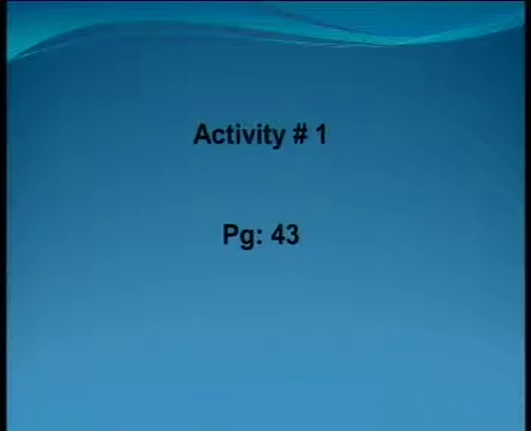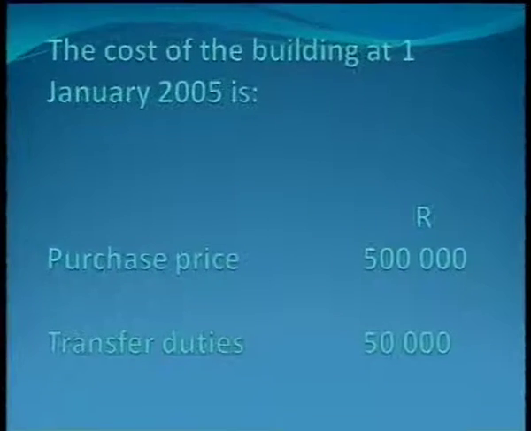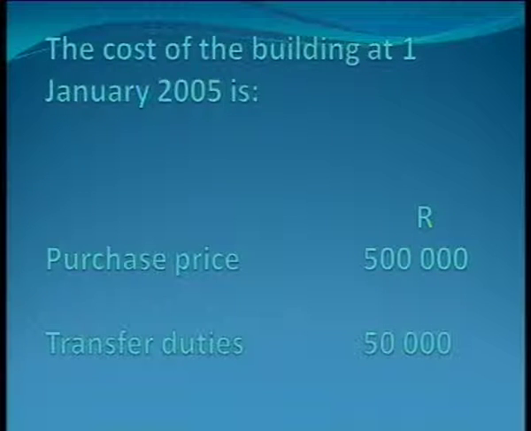Let's look at activity number 1 on page 43 in your textbook. You were supposed to calculate the cost of the building as at 1st January 2005. To calculate the cost of the building, we'll say our purchase price is 500,000. We'll add our transfer duties of 50,000.